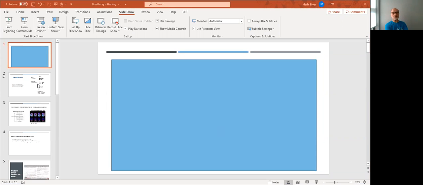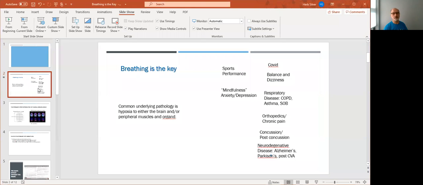It includes patients with dizziness, post-COVID, respiratory diseases, but also your chronic pain, fibromyalgia, people post-concussion, neurodegenerative diseases, people that you might consider using mindfulness kinds of techniques with. All these people are affected by breathing, and very specifically their CO2 levels.